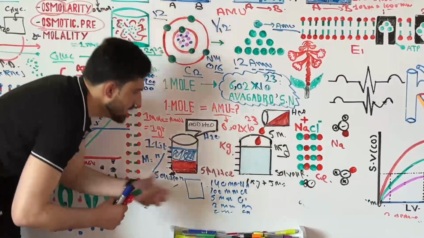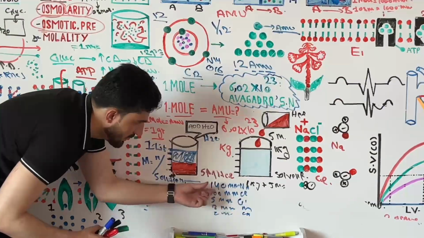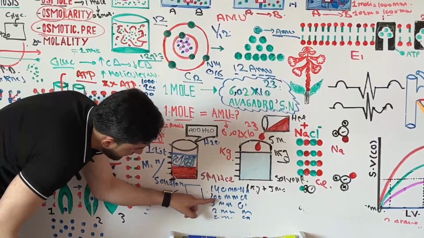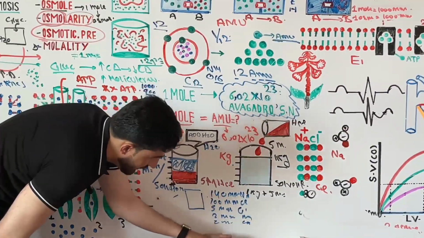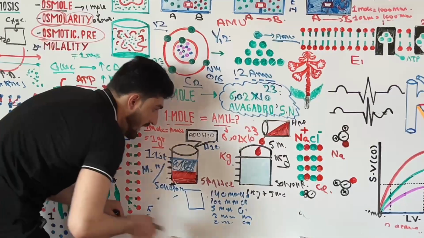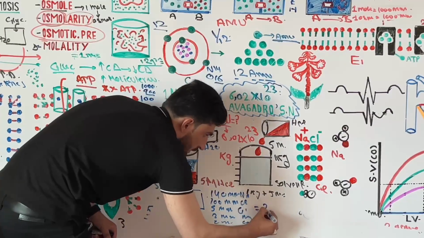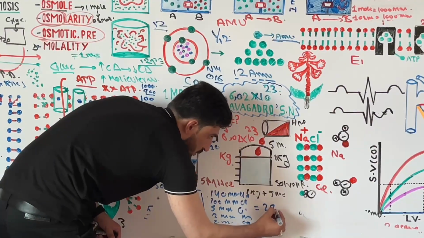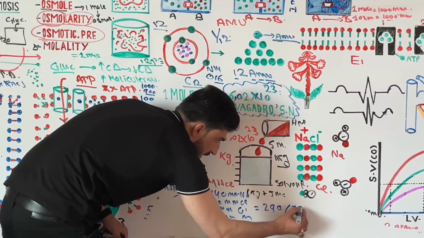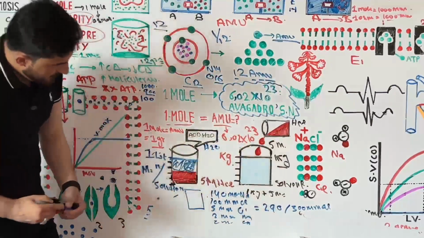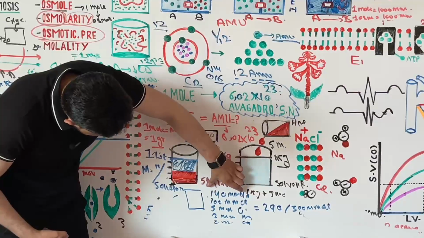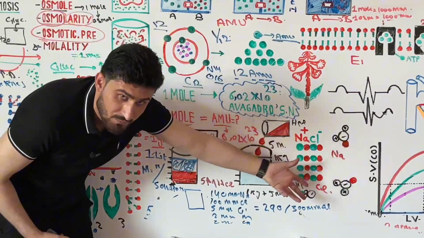If I calculate all of them in the extracellular area, for example, 140 plus 100 is 240, and this is 250, and some other things, when I calculate all of this, they are equal to 290 or 300 millimoles.